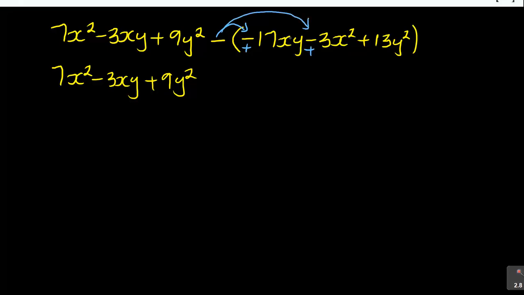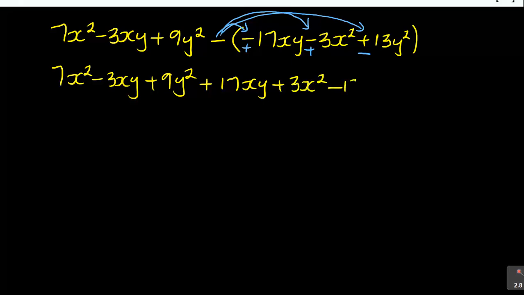Remember, negative negative is positive. And a positive and a negative, the negative is powerful. It's negative. So you are just interchanging signs in this case. So it will be plus 17xy plus 3x squared minus 13y squared.